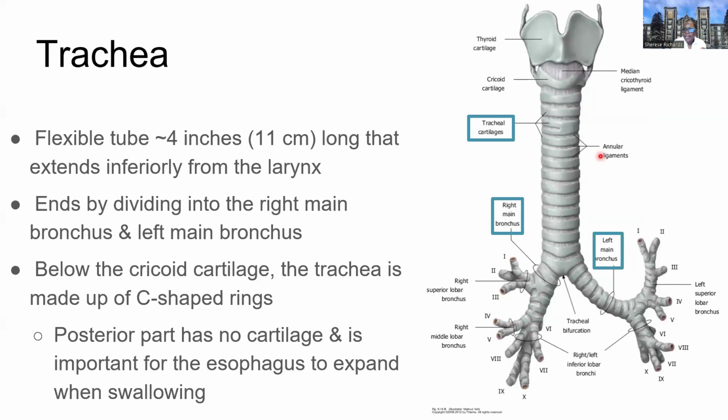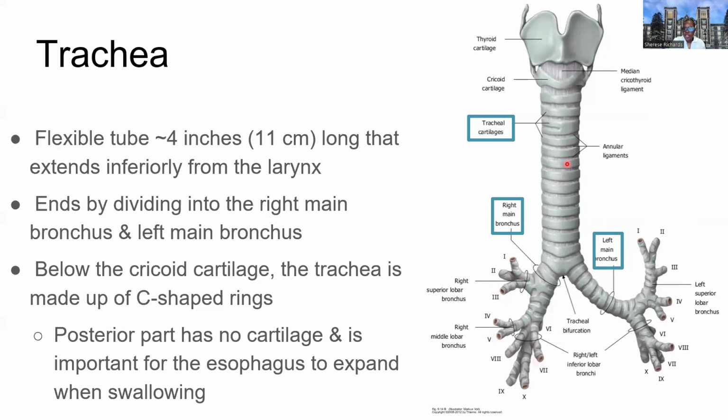Moving down to the trachea itself. The trachea is the large flexible tube that is made of cartilage and muscle at the back that helps to conduct air from the larynx down towards the bronchi. All right.